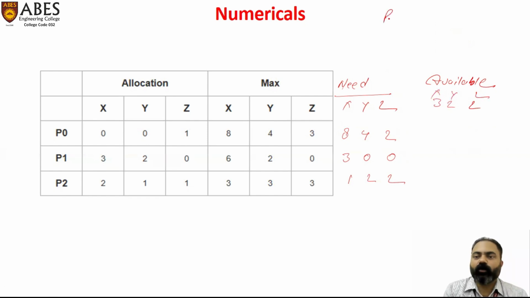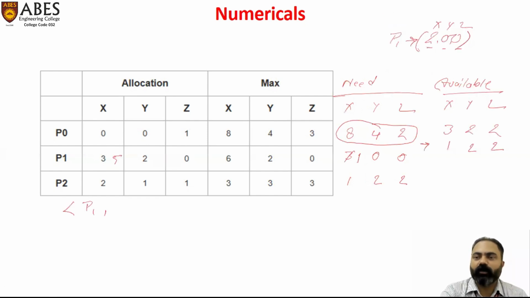X, Y, Z. And what is the request of P1? We can check from previous slide. Okay, this is here. So we will resume it. Now check for P1. P1 can execute; the need of P1 is 100. So it can be executed with this availability 122.